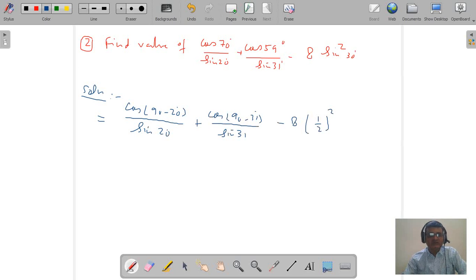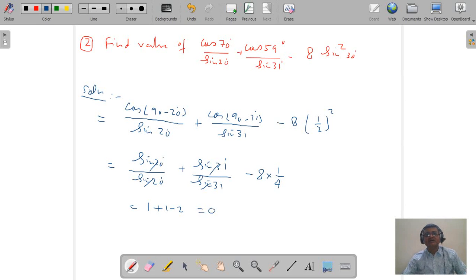So this is equal to sin 20 upon sin 20 plus sin 31 upon sin 31 minus 8 into 1 by 4. This and this get cancelled, this and this get cancelled. So it is 1 plus 1 minus 2, which is equal to 0. By using the complementary angle formula, we have very easily solved this question.